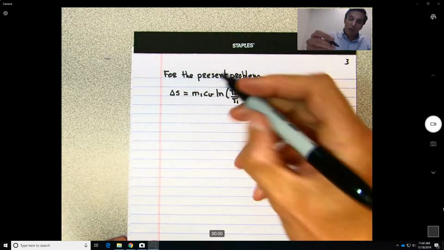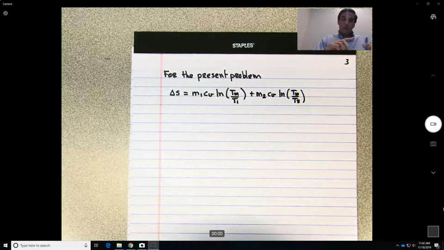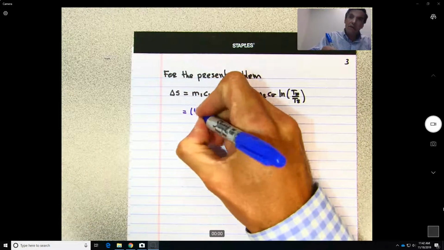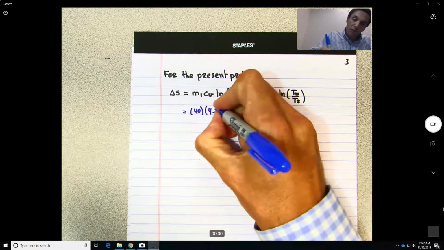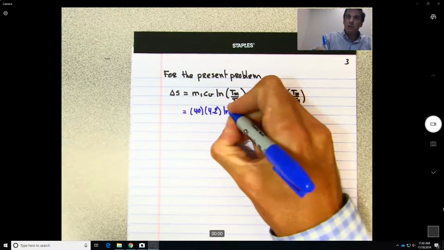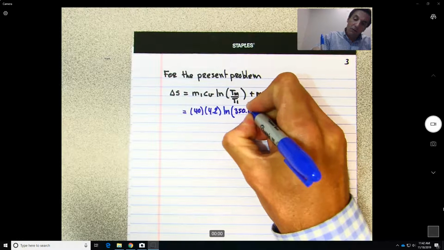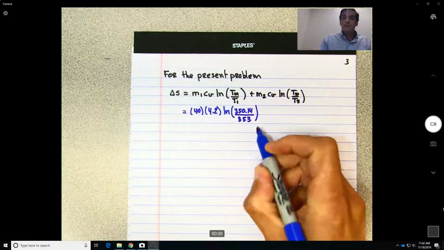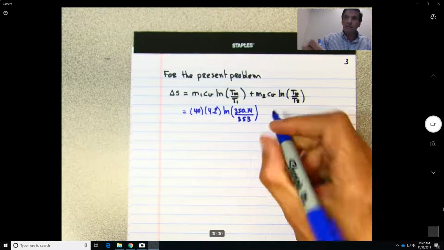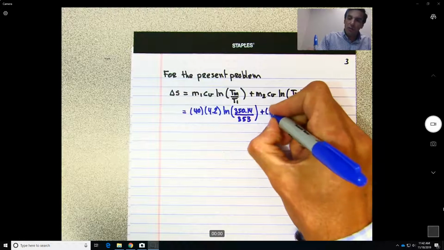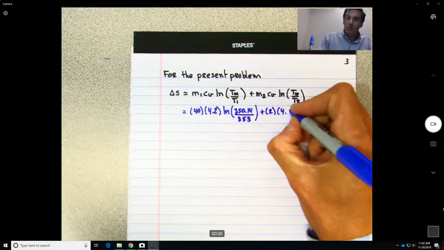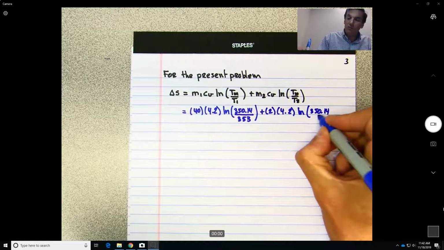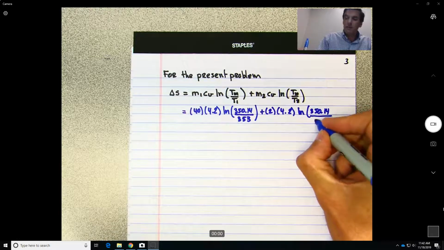So if we put the values over here, we're going to get what? M1 is 40, Cv we say is 4.2, log of 350.14 divided by 353, which basically is the 80 degrees in Kelvin, plus 2 times 4.2 log 350.14, and this should be what? 20 degrees Celsius in Kelvin is 293.